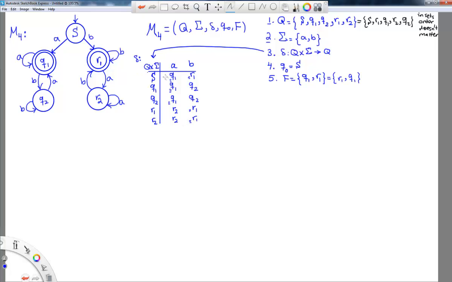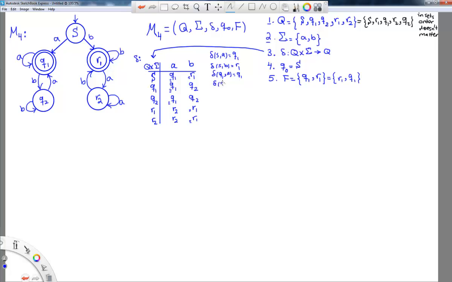Okay. Now, if you wanted to write the transition table in a function format, then you do delta of S and A goes to Q sub 1. Delta of S and B is R sub 1. Delta of Q sub 1 and A is Q sub 1.